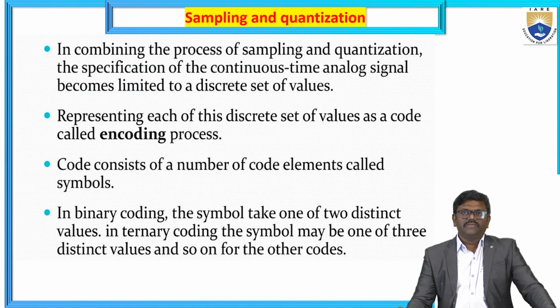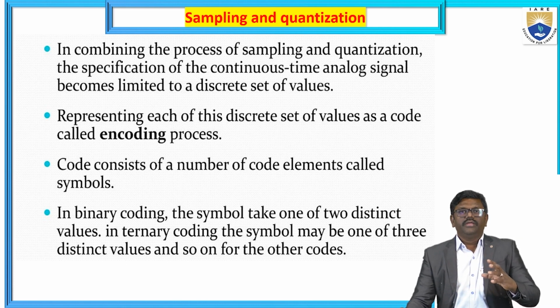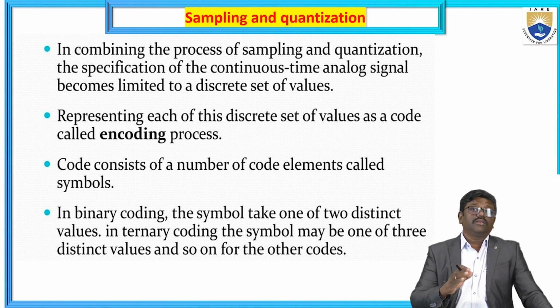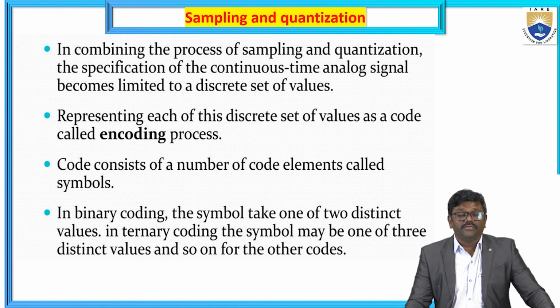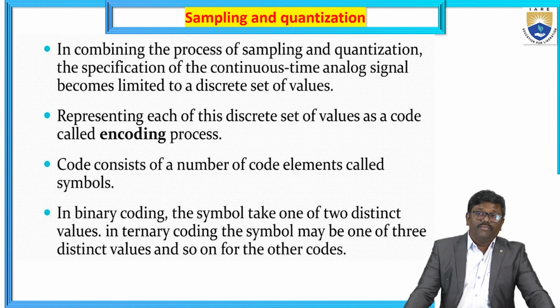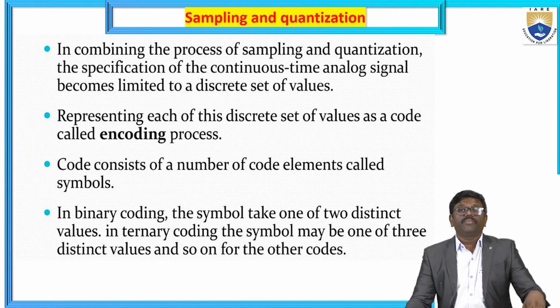So in this process, combining sampling and quantization, the specification of the continuous time analog signal becomes limited to a discrete set of values. That means representing each of these discrete values as a code, which means encoding the process.